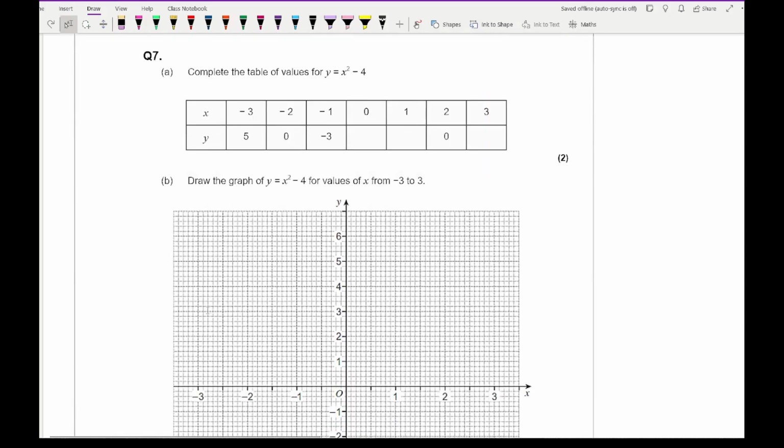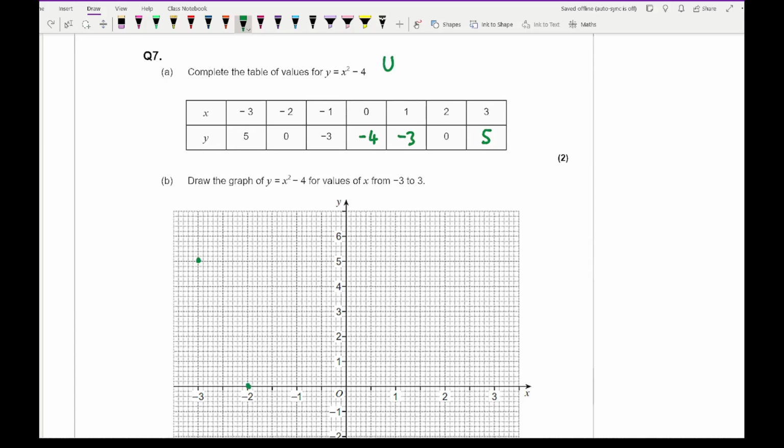Then moving on to question 7, again, very, very similar. You can see how repetitive these types of questions are. So again, just making this a little bit quicker. We've got minus 4, we've got minus 3, and we're going to end up with 5. So then plotting these points, at minus 3 it's at 5. So again, this is going to represent a U shape. So minus 3, 5. We've got minus 2, 0.